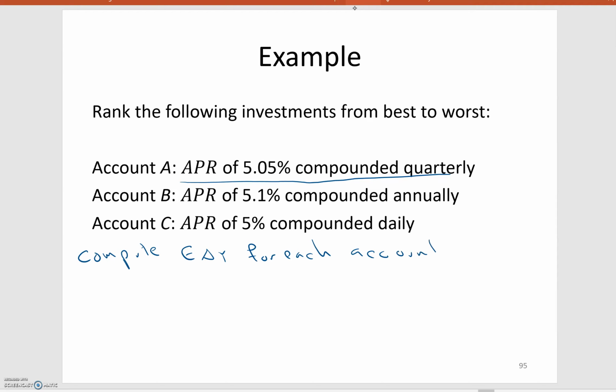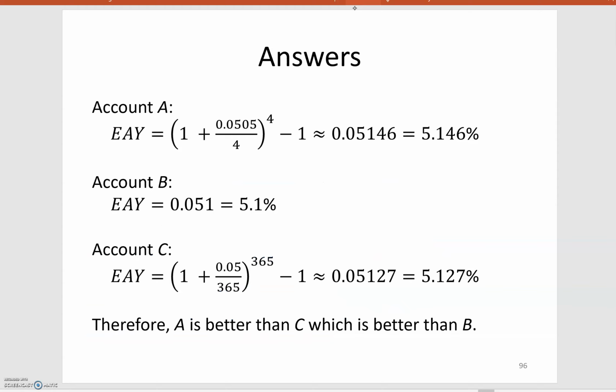So 3 different EAYs, and that formula is 1 plus APR over N, to the N, no variable, minus 1, times 100 to put it in percent form. And really, you just plug and chug. You just use this formula 3 times. And that's what you see here. So we just run this formula 3 different times, and then we pick the best of the 3. All right, I think I'm about out of time with this video.